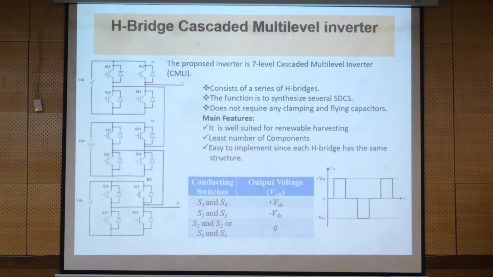For high voltage applications, you can go even more than 100, 200 levels. Challenges include balancing of the system and control. If you go to 100 or 200 levels, the switching pattern will be very complex.